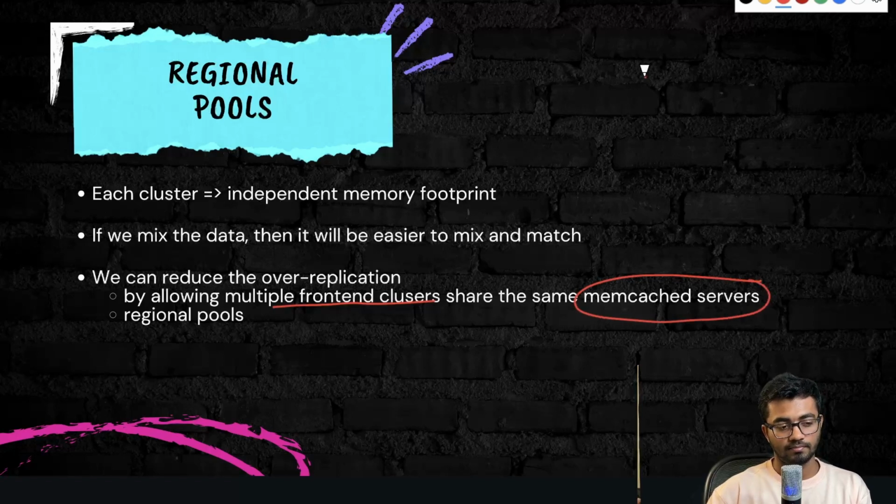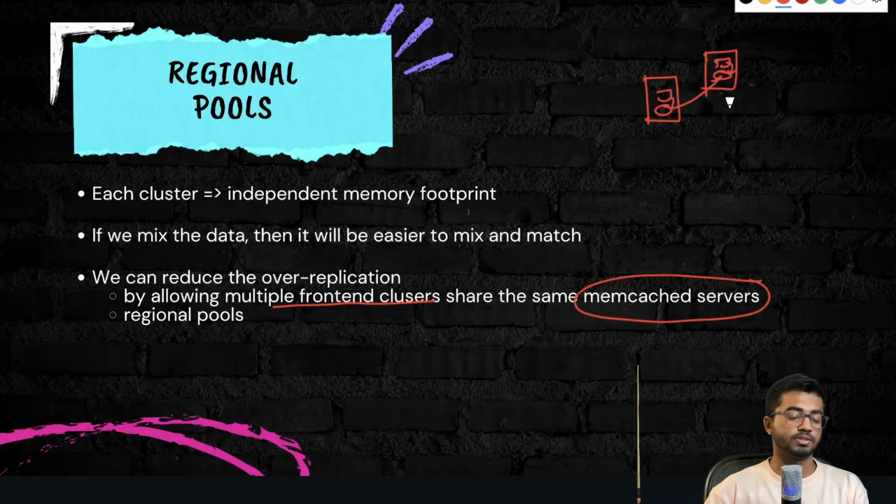That means multiple clusters, like this is one cluster, this is one cluster. The Memcache servers here could be the same, and the web servers are connecting to this, and so on. And this is something called the regional pools. So each region has a pool of Memcached servers, which is called the regional pool.